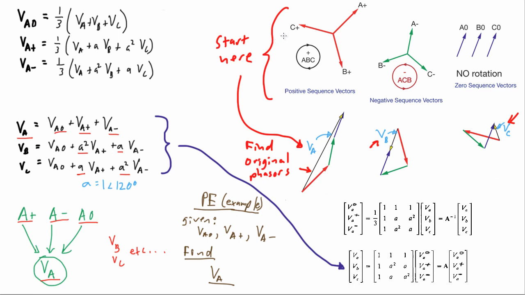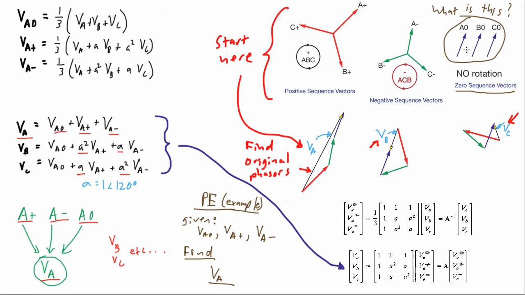Now, the PE can ask you math-based questions like we've just discussed, but it can also ask you theoretical, visual-based questions. For example, for these positive, negative, and zero sequence diagrams, you could be asked, what sequence is this? And you should obviously have the understanding of the operations of the symmetrical components method to be able to understand how to answer that question.